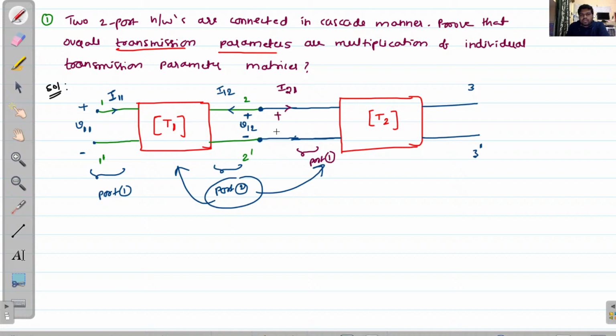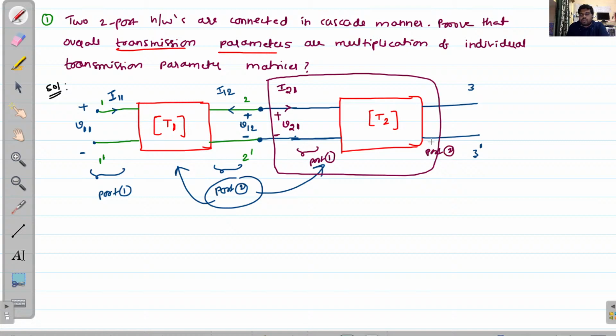Here the voltage drop is V21. I'm talking about this second two-port network, so I will take the variables I21, V21. This I2 indicates the second two-port, and this V2 indicates the second two-port network. For this second network, this is port 1 and this one is port 2. So now we consider V22 and this one is I22. These are the variables.